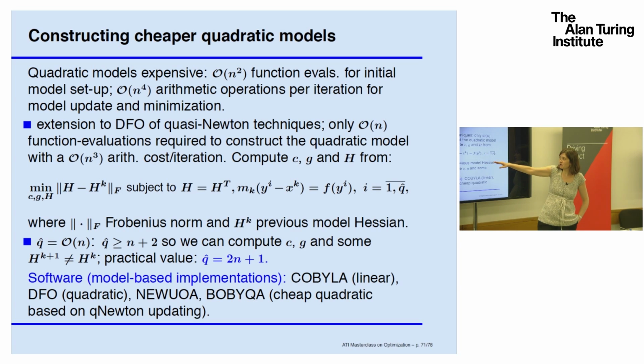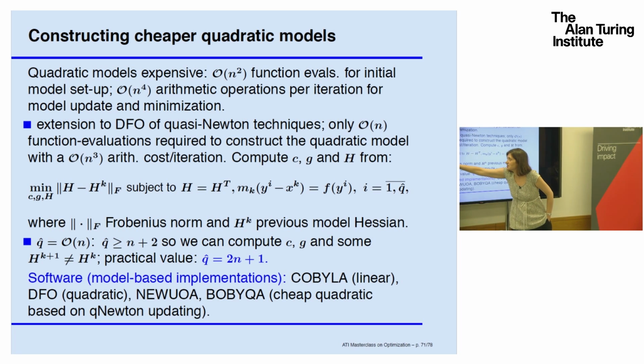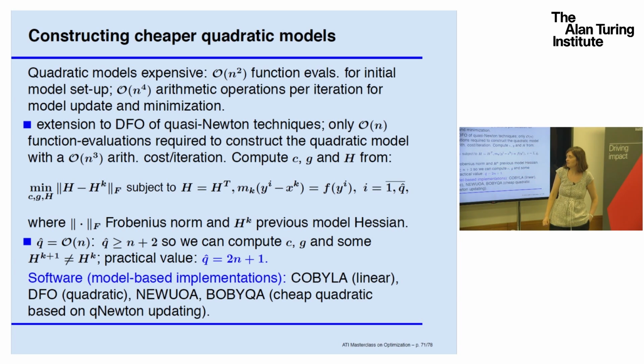For example, you choose fewer points in the interpolation, okay? And then the rest of the degrees of freedom in your H, you compute by minimizing the change from the current H in a Frobenius norm, and that is actually one way to view quasi-Newton ideas.